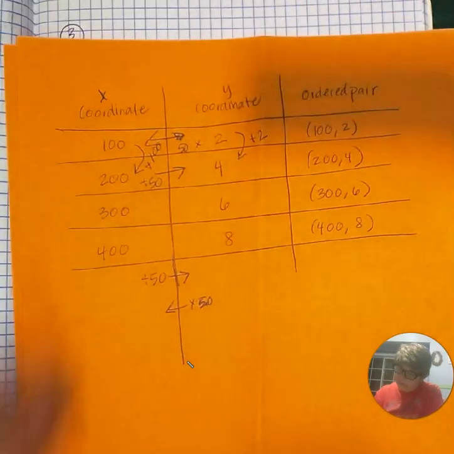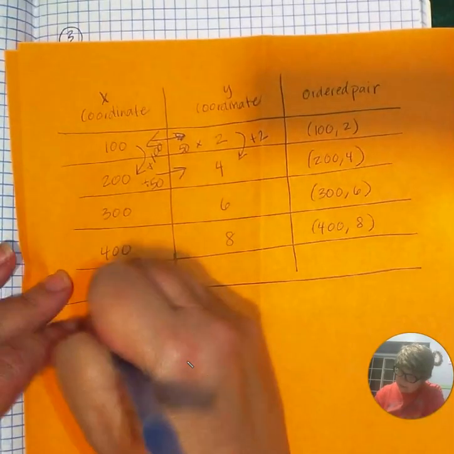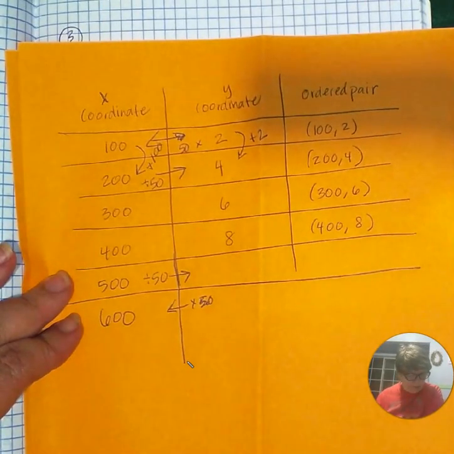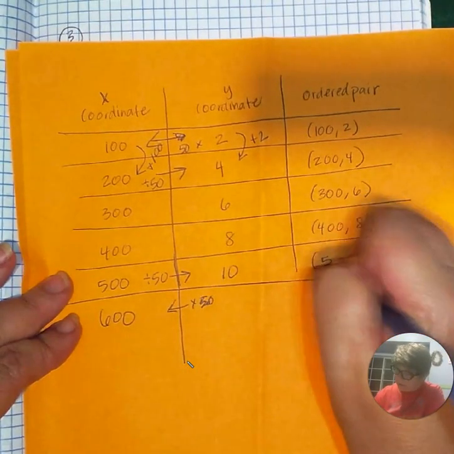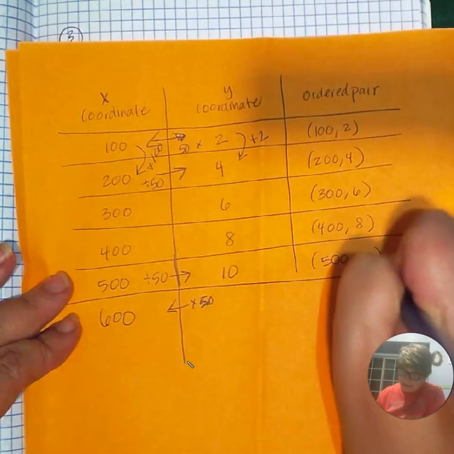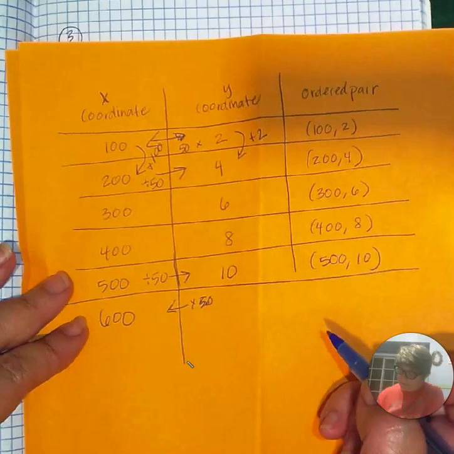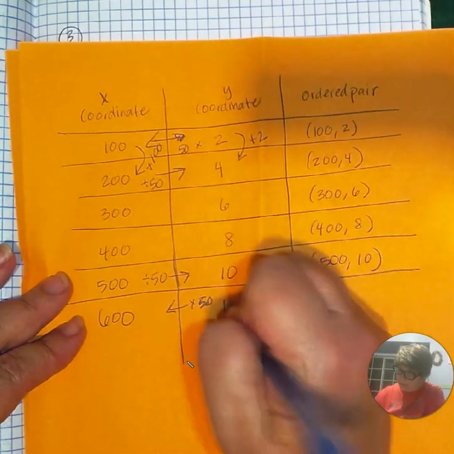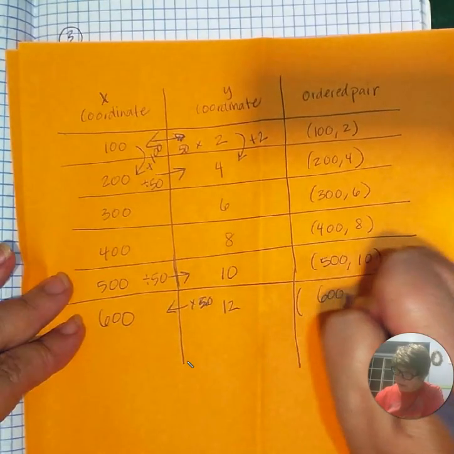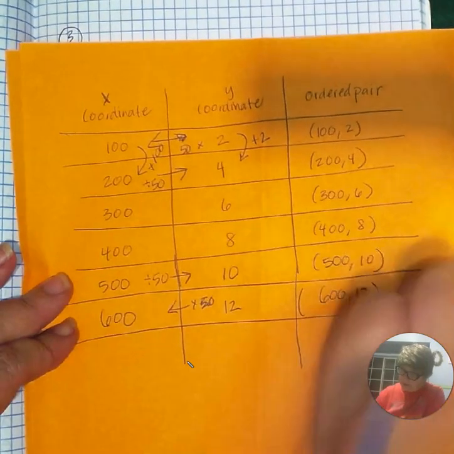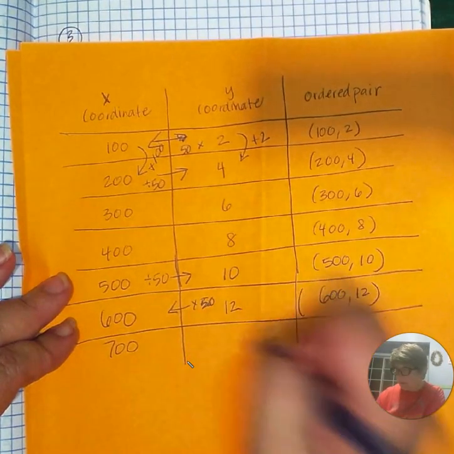Okay, so 500, 600, right? 500 divided by 50 is 10, so that would be 510. 600 divided by 50 is 12, so that would be 612. 700, 700 divided by 50, 14.